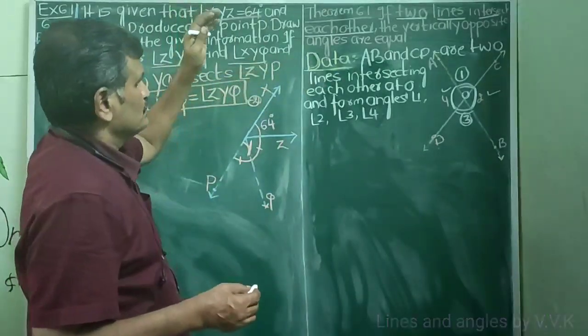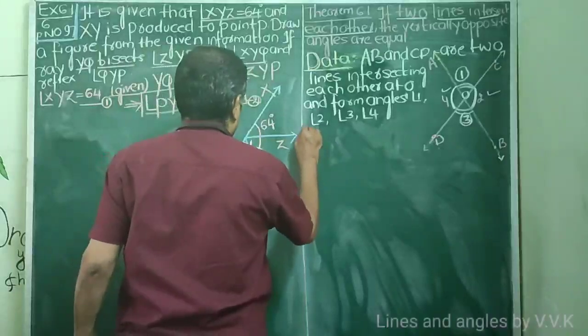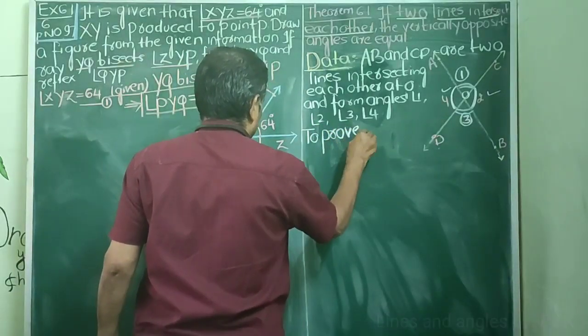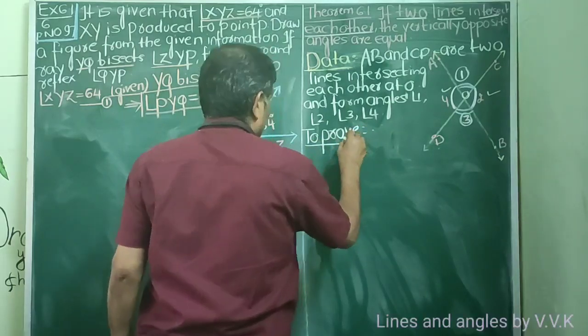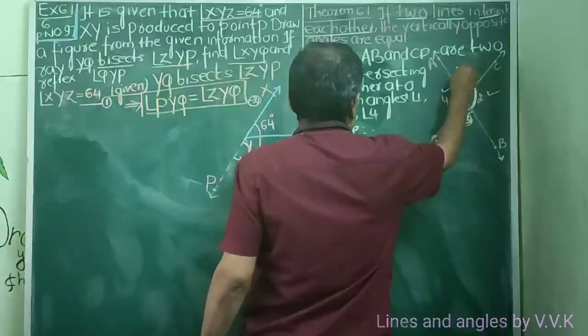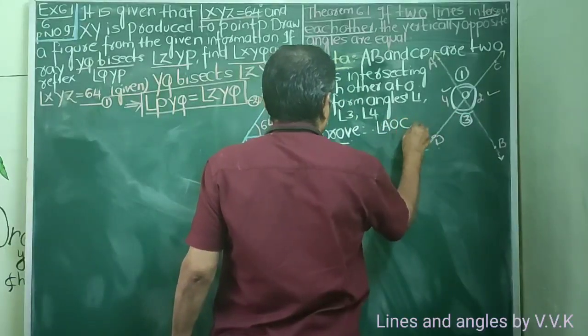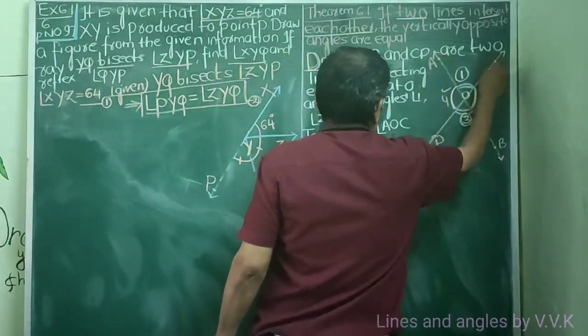Now what I should prove? To prove is the second step. What am I supposed to prove? I am supposed to prove that angle 1 equal to angle 3, or I can say angle AOC is equal to angle BOD.